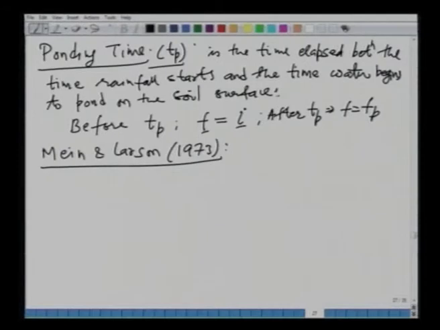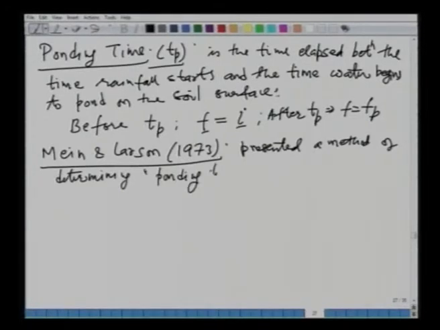What they did is they presented a method of determining or finding the ponding time, which is denoted as Tp, using the Green-Ampt equation.